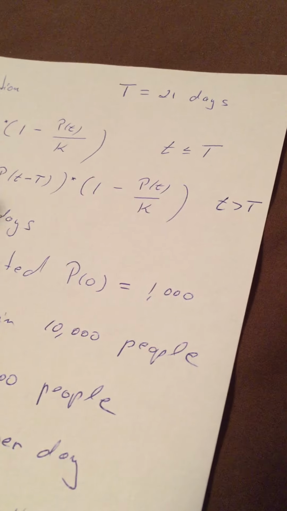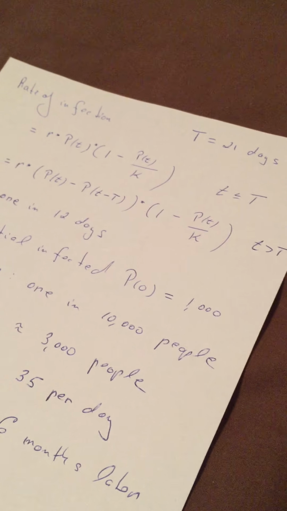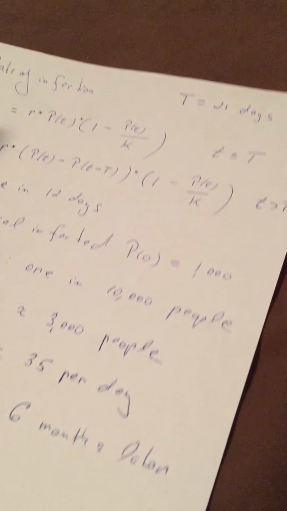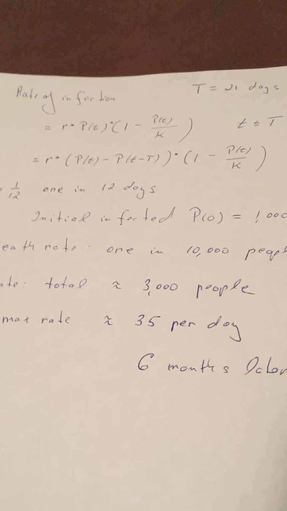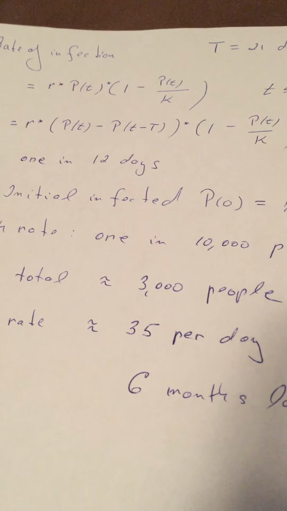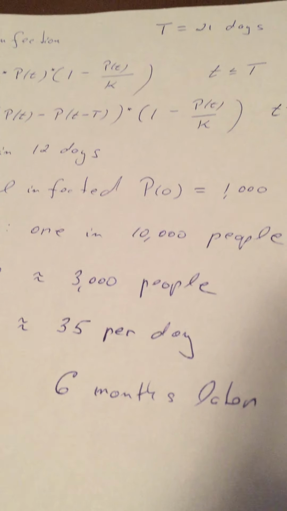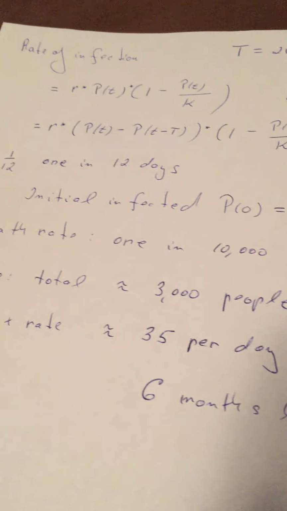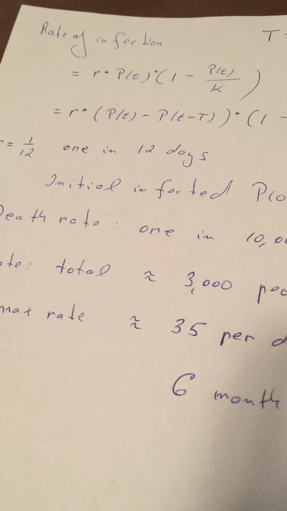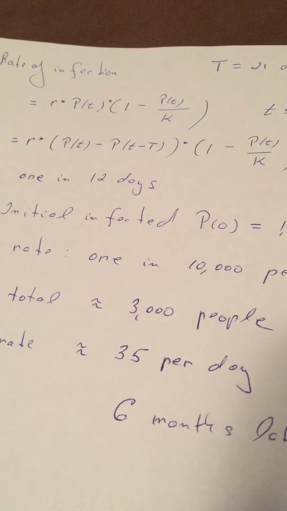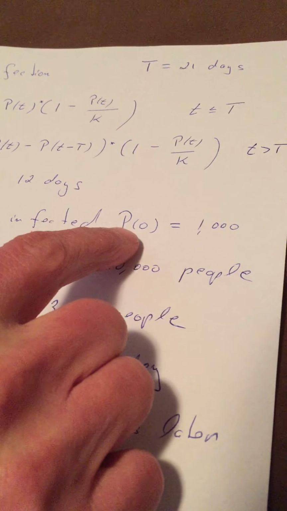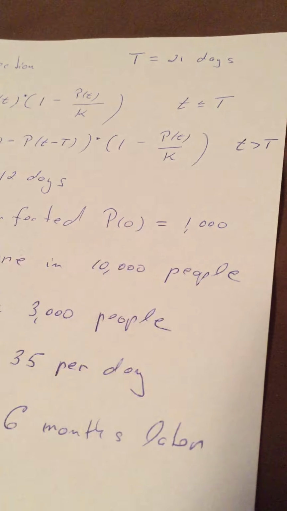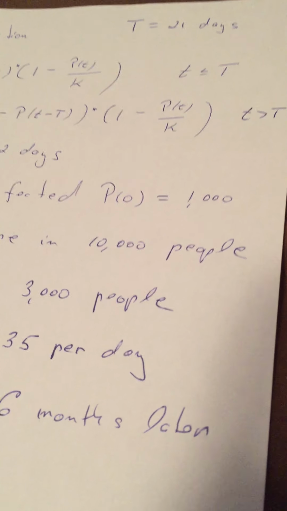That's the probability that the infection will land onto a susceptible person. So based on this model, we're going to do a computer simulation with some specific values now. I think it's about time we put in some specific values. So aside from R being 1 in 12, we assume that the initial infection of folks at the beginning of the pandemic was 1,000 people.